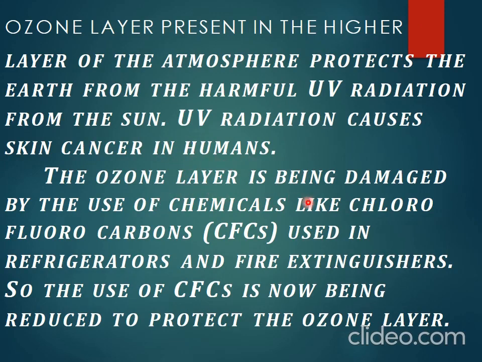The ozone layer is being damaged by the use of chemicals like chlorofluorocarbons, that is CFCs, used in refrigerants and fire extinguishers. So the use of CFCs is now being reduced to protect the ozone layer. The main reason for the depletion of the ozone layer is CFCs, and besides that, methane and oxides of nitrogen also cause the destruction of the ozone layer.